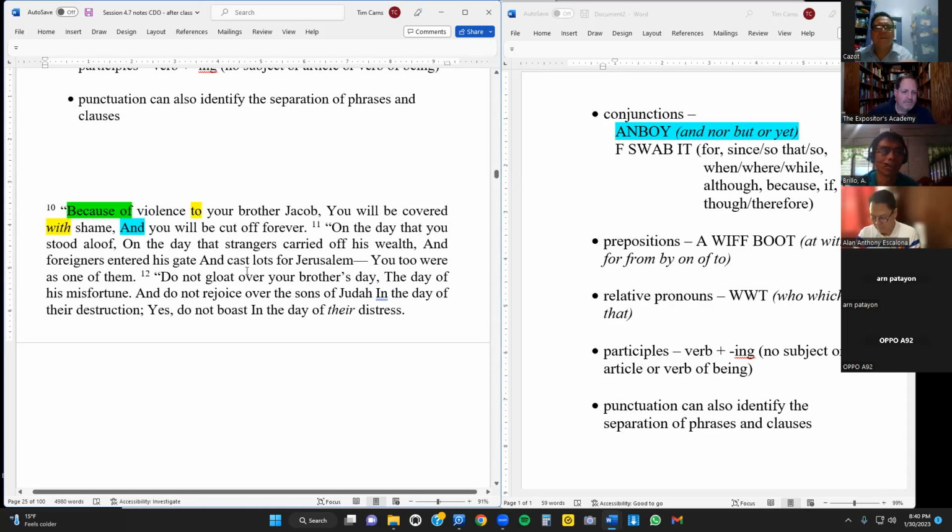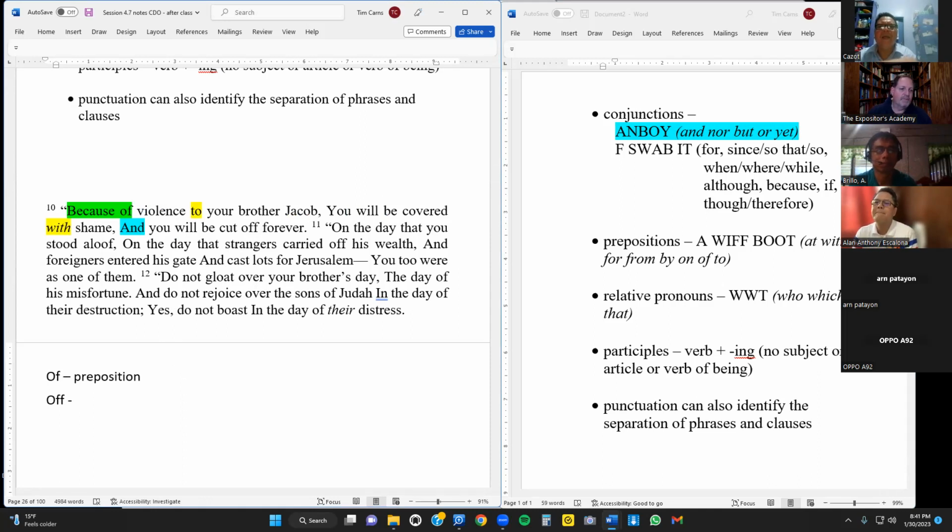Yep, that's all of them. Now, you may see "off" and think that's a preposition, but the preposition is actually "of." "Off" is part of the verb here, "to cut off." Okay. So yes, very good. That's all of the connector words in verse 10. All right, Pastor Allen, I'm going to give you verse 11. What connector words do you see in verse 11?